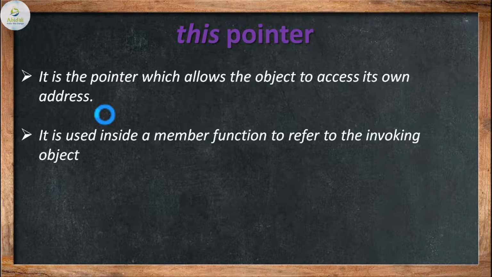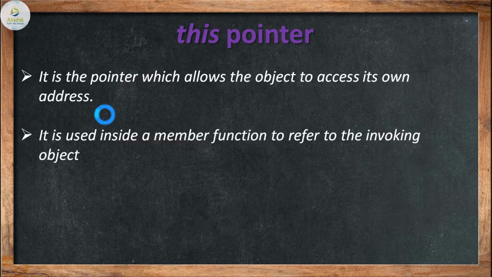Okay, so we have a program related to the pointer to the object. We'll discuss it in the next class. So the last concept is the this pointer. It is the pointer which allows the object to access its own address. If the pointer is accessing its own address, such a pointer is called the this pointer.